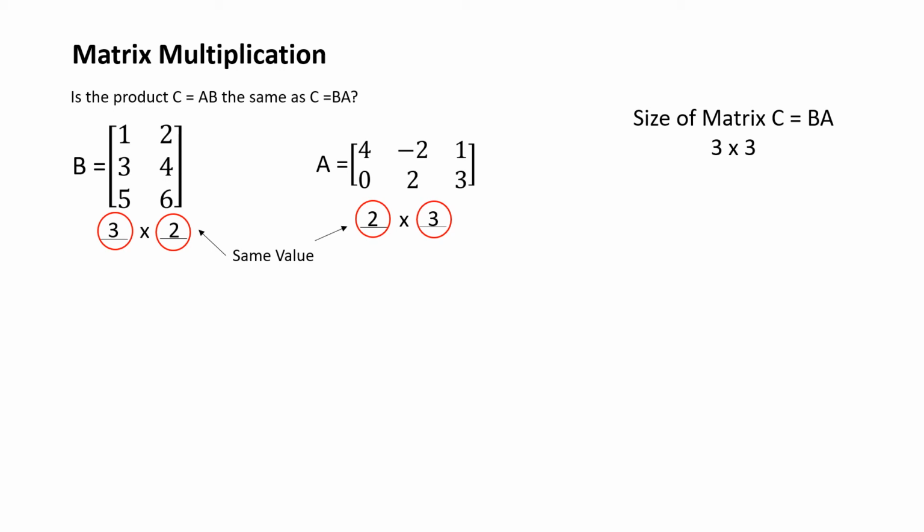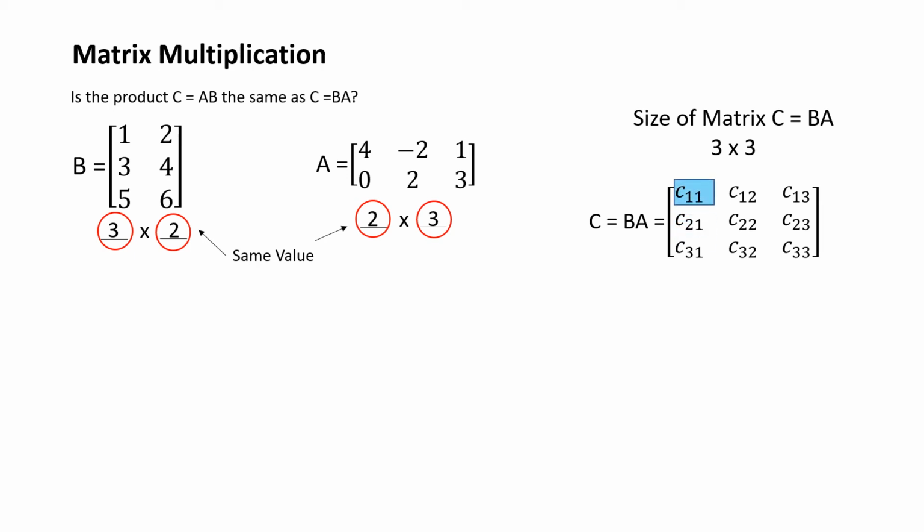Now, since the size of matrix BA is a 3 by 3 matrix, and in the previous example, the size of matrix AB was a 2 by 2 matrix, we can already see that C equals AB is not the same as C equals BA. Now let's perform the matrix multiplication to get the product BA.